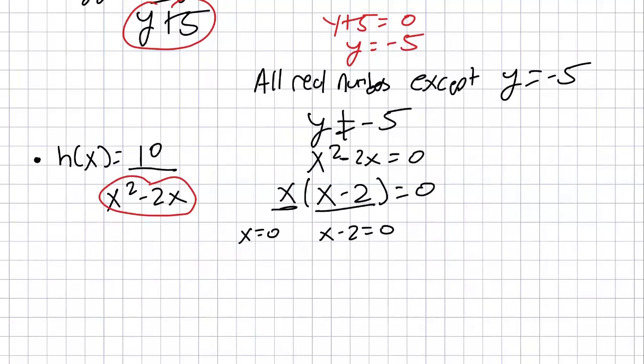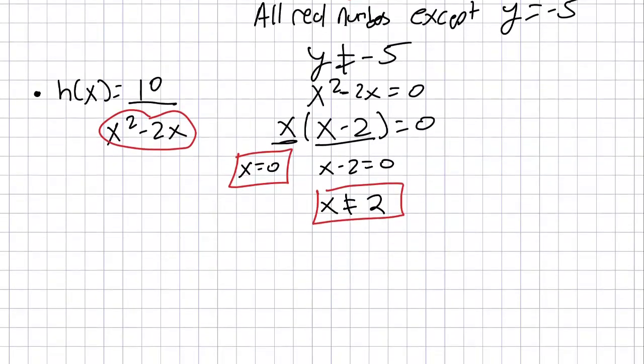This is already solved, so x cannot equal 0. For the other factor, x cannot equal +2. So the domain for this function can be any number except 0 or +2, because plugging in either of those values will make my function undefined.